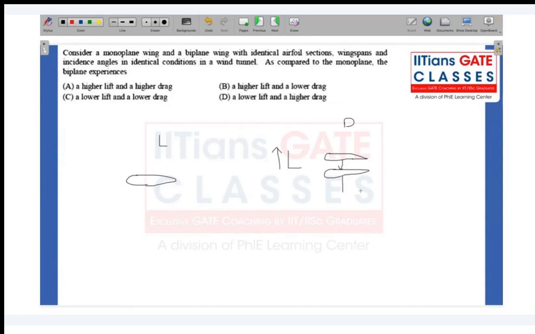So you'll have higher lift, and also higher drag, because you now have two lifting surfaces, so there can be skin friction corresponding to these two surfaces. And at the same time, you have other sorts of drag like interference drag when you add more components to your system. So you will have higher lift and higher drag in the case of a biplane configuration.